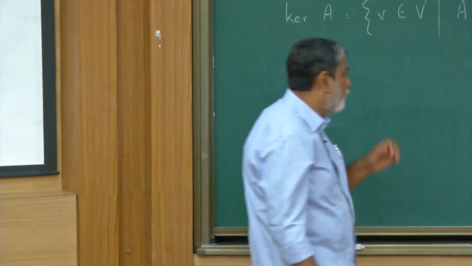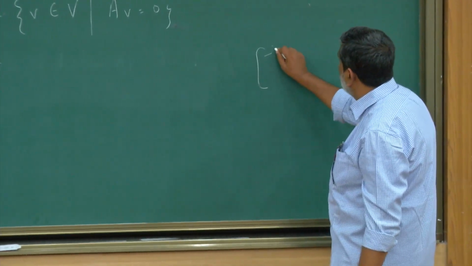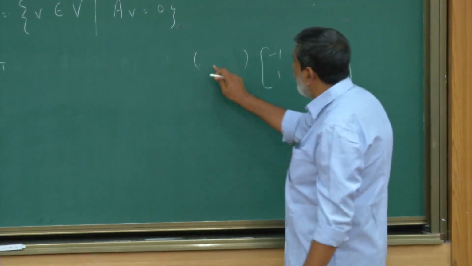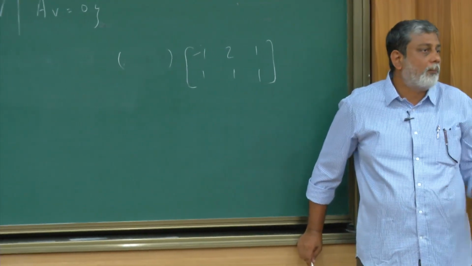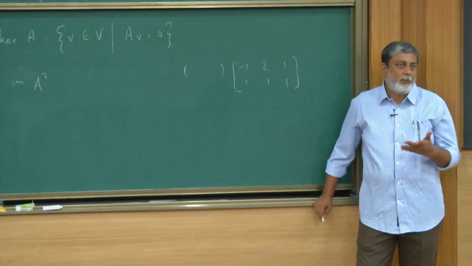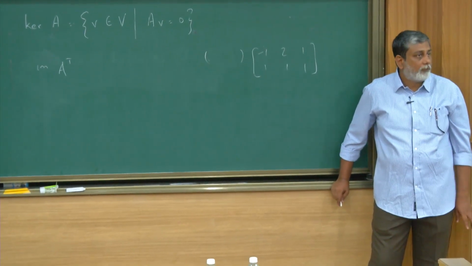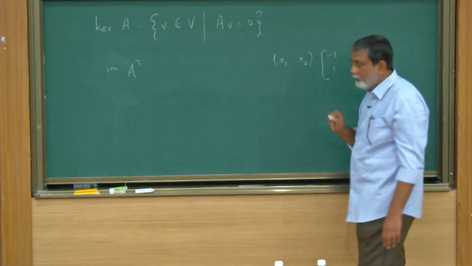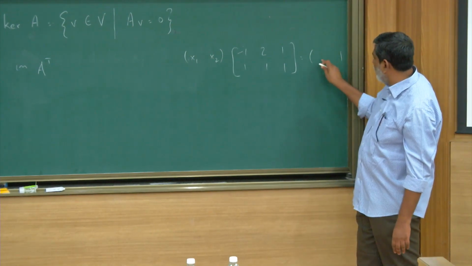But what I will do is multiply A, so minus 1, 2, 1, 1, 1, 1, by row vectors on the left rather than multiplying on the right. I would be doing effectively the same thing. If I take a row vector x1, x2, then the result of this would be a 3 vector.